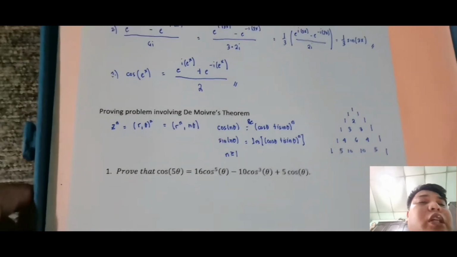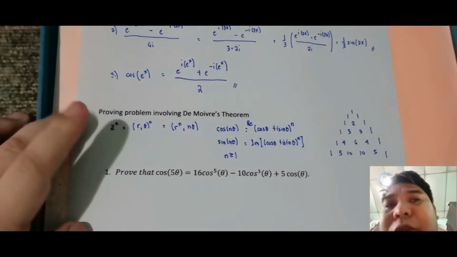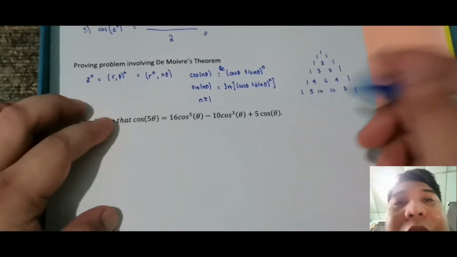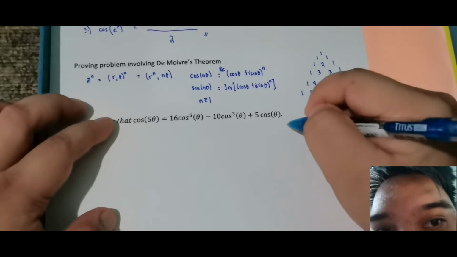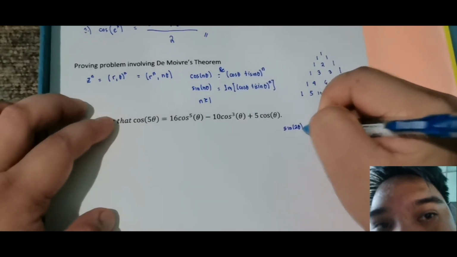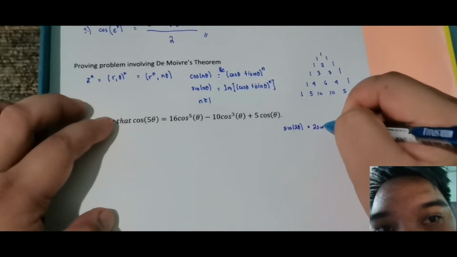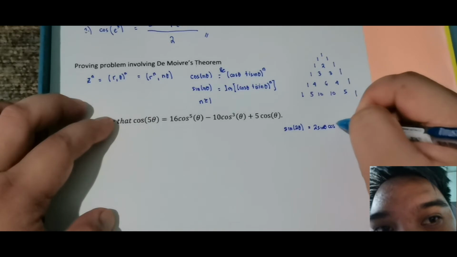Okay, so, ngayon, i-check natin kung tama ba yung idea ni sir before ko i-solve or i-prove tong number 1. So, ano ba yung aware tayo na identity? Aware tayo na sin 2 theta ay equivalent kay 2 sin theta cosine theta.